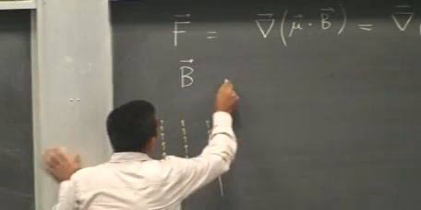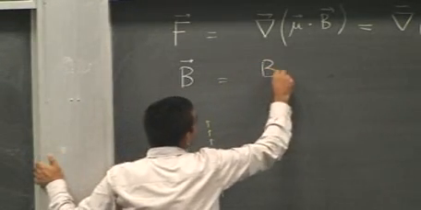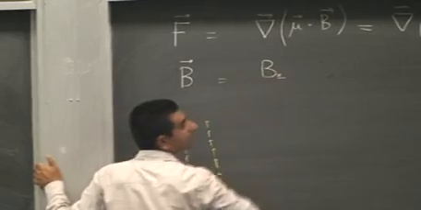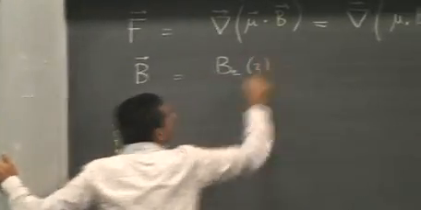Which means that the field only has a z component and it depends only on z.